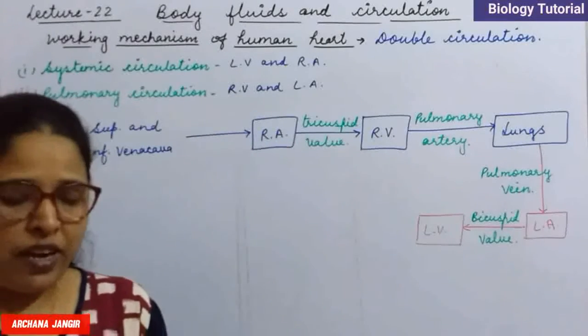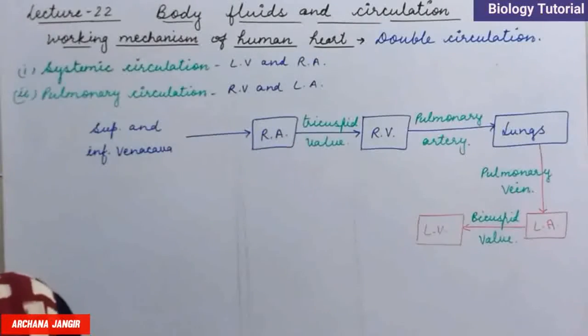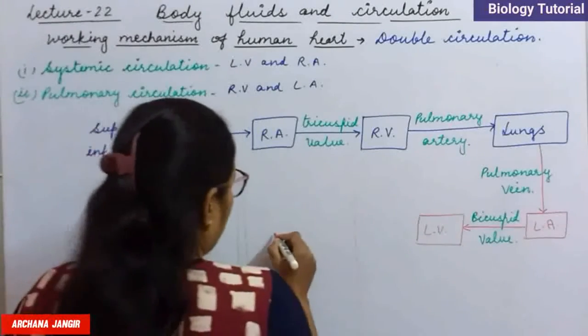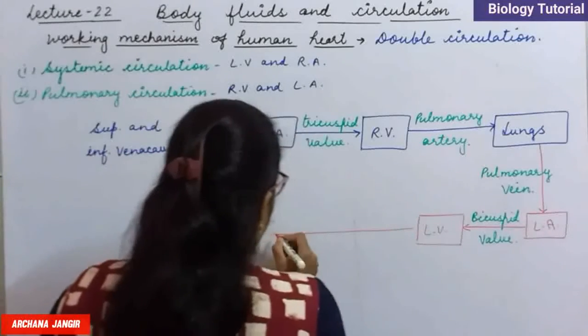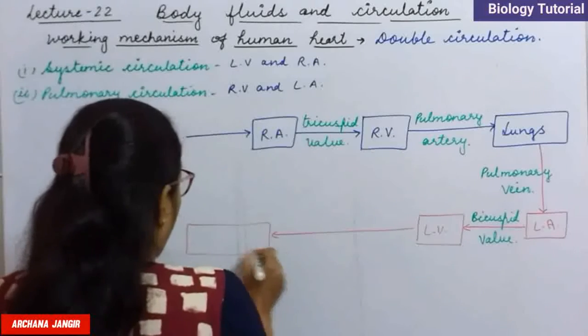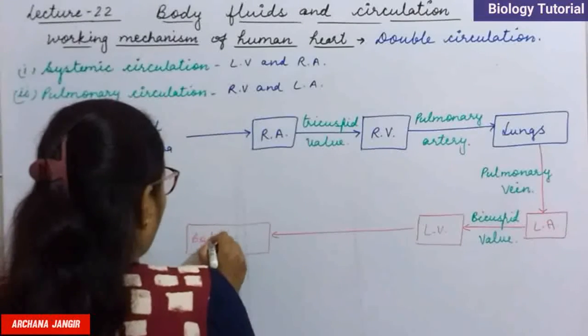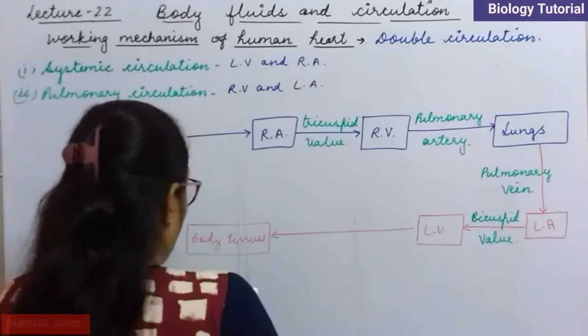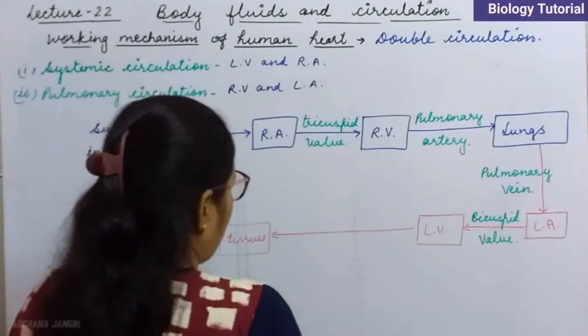After the left ventricle, the oxygenated blood goes to the body tissues through the aorta. So here are the body tissues, and the oxygenated blood goes into the body tissues through the largest artery.